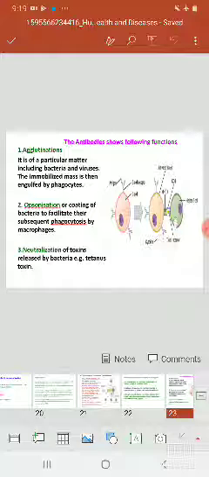Then opsonization, or coating of bacteria to facilitate their subsequent phagocytosis by macrophages. Neutralization of toxins released by bacteria, for example, tetanus toxin. Each antibody is specific for a particular antigen.